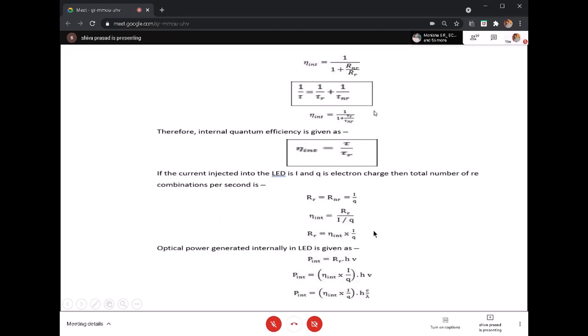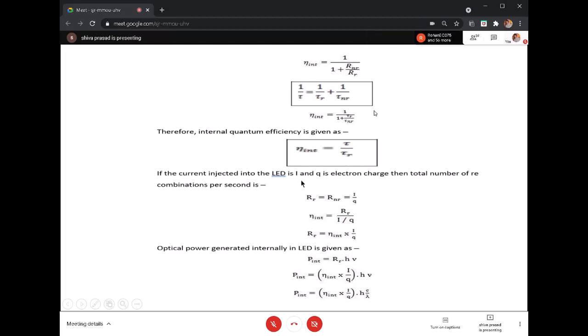With this we can write the internal quantum efficiency will be equal to 1 divided by 1 plus tau R by tau NR. Therefore, the quantum efficiency is given by this.